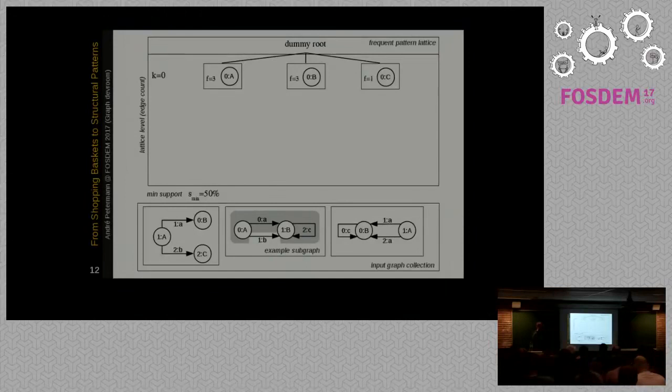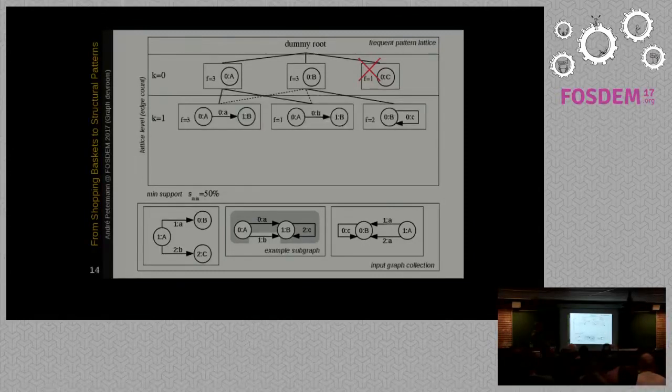In the first level are all the zero-edge subgraphs, which means just vertices. We have a vertex A, and A occurs in this graph and in that one, so a frequency of 3. The same for B, frequency of 3. C has a frequency of 1, because it is only contained in this one. It's not above the threshold of 50%, which would be 2, and thus we can prune it.